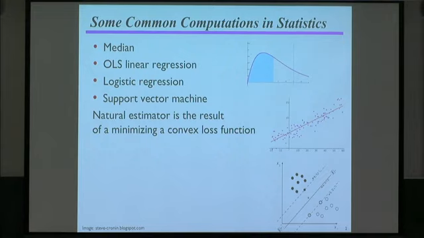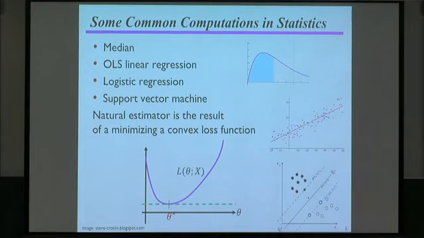I'll say more about that in a second, but roughly, at some level of abstraction, you've got some loss function that depends on your data and is a function of some parameter theta, which could be a single real number or a vector, and you want to find the parameter theta that minimizes this loss function.